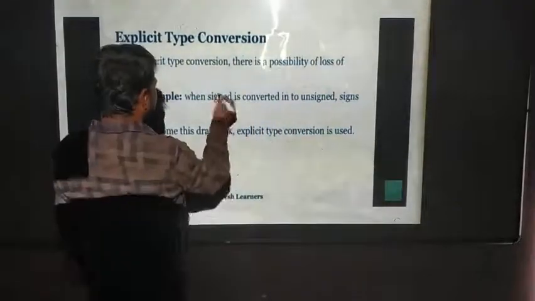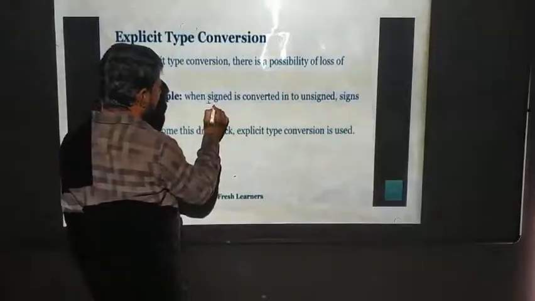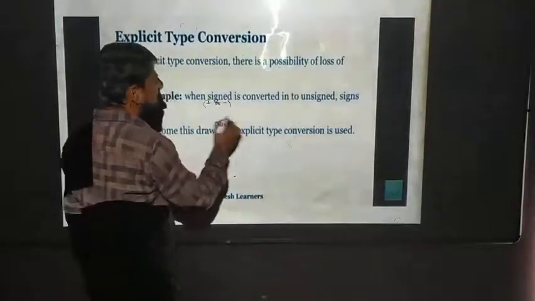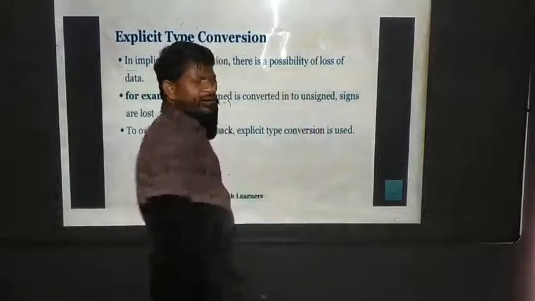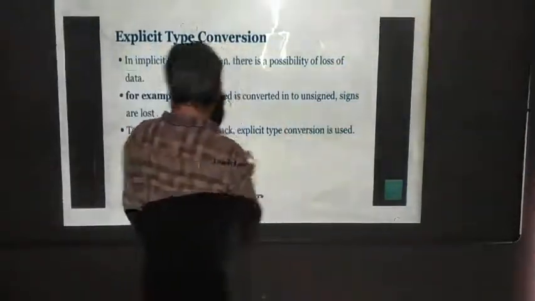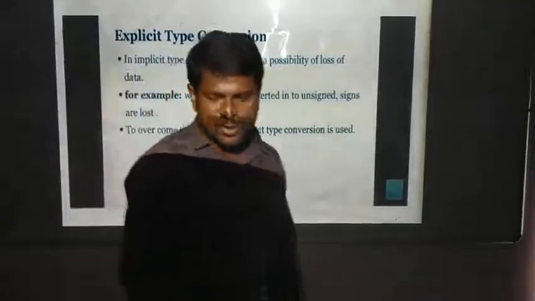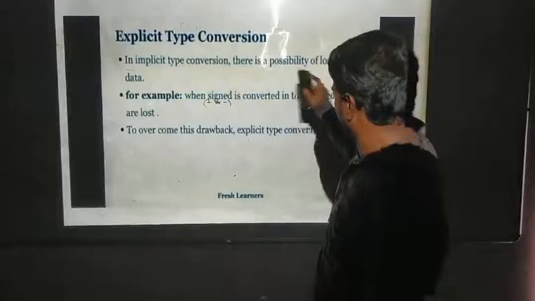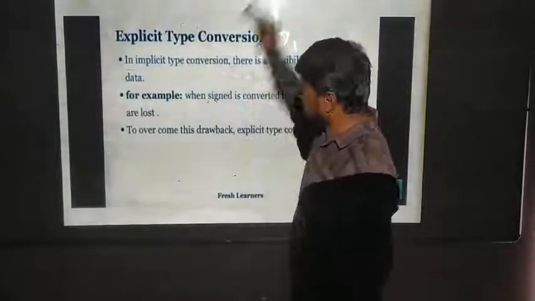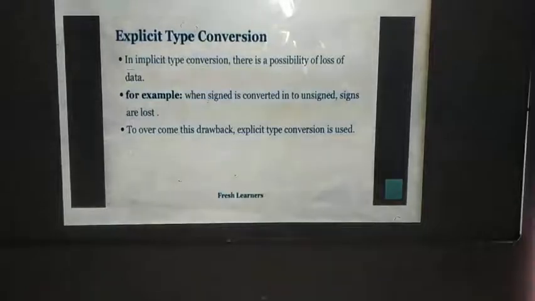Signed means having plus or minus; unsigned means completely plus only. To overcome this drawback, explicit type conversion is used in C programming.